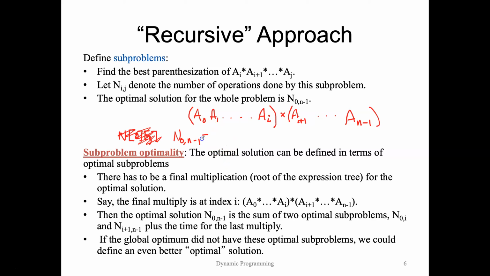We can express this as three things. One is how we build this left chain, then how much it costs to build that right chain, and then how much it costs to multiply now these two matrices together.